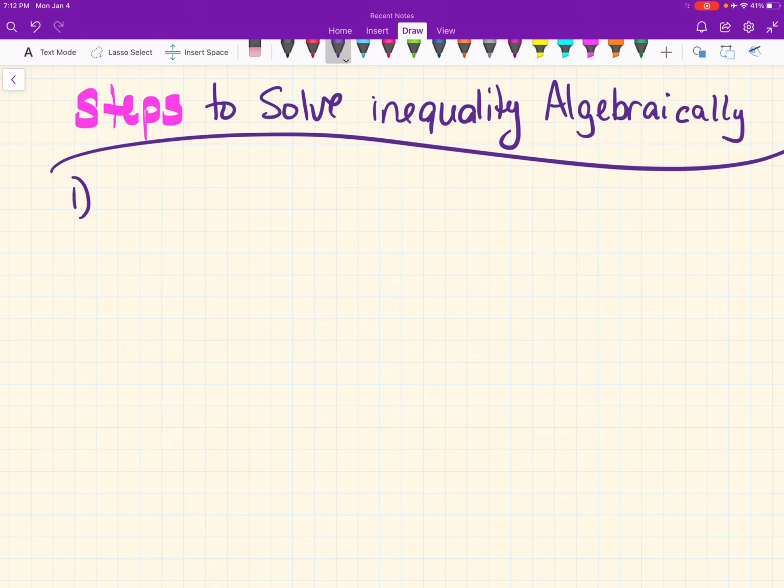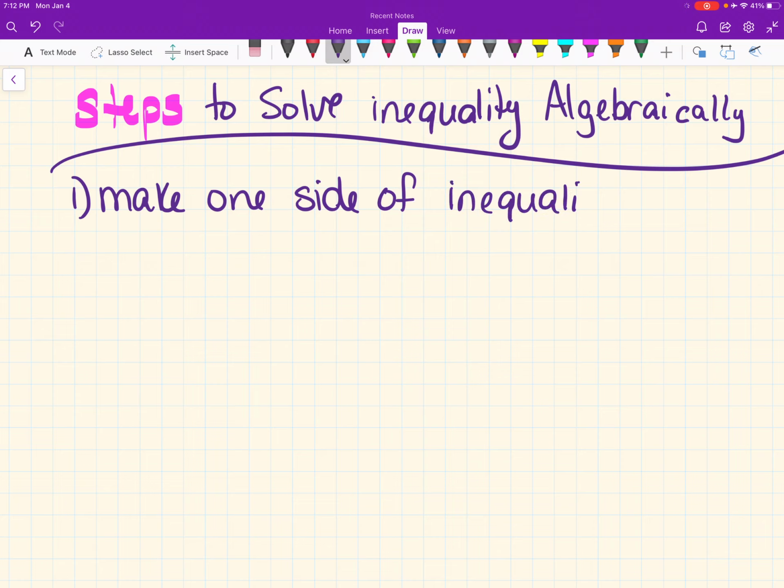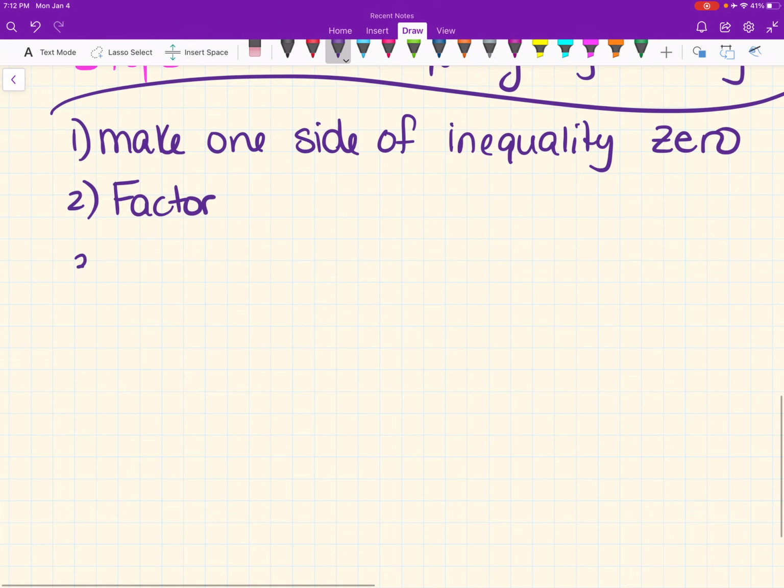The first step, make one side of the inequality 0. Second step, factor your favorite. Third is to use the zero product property.